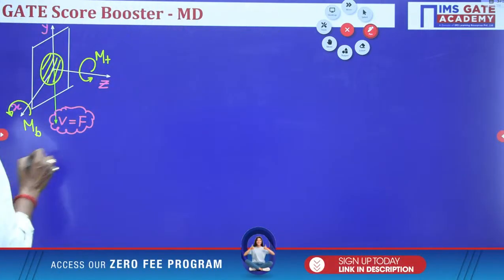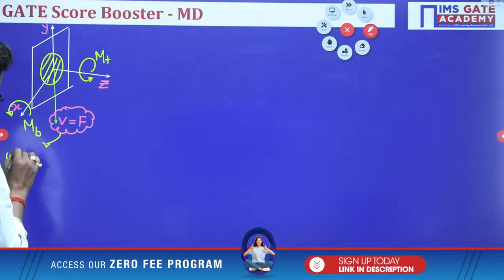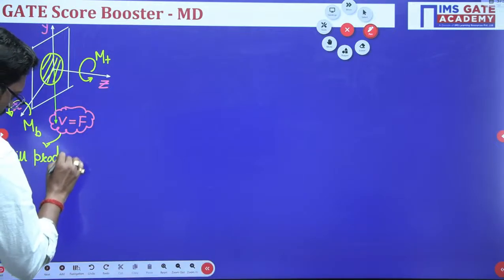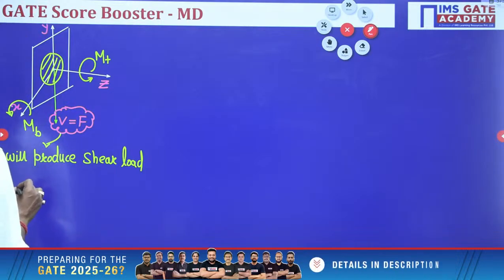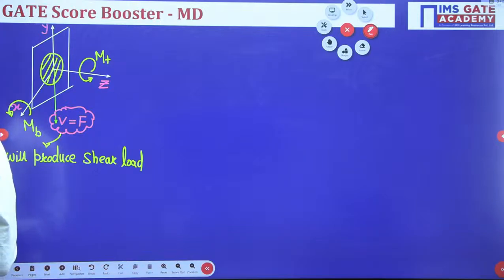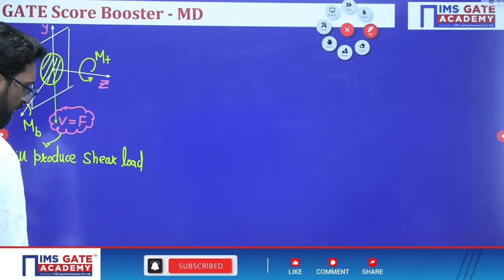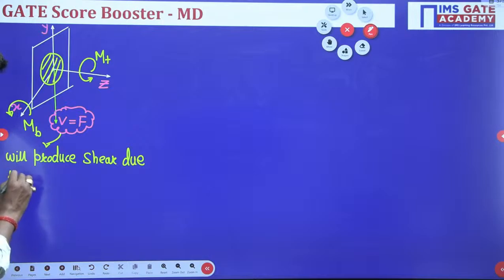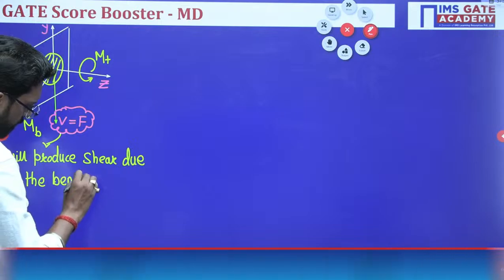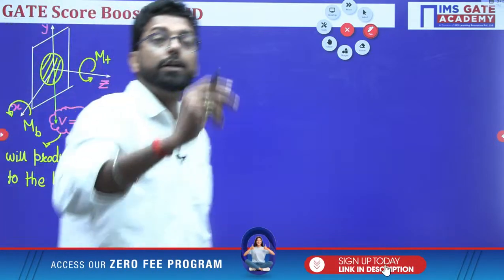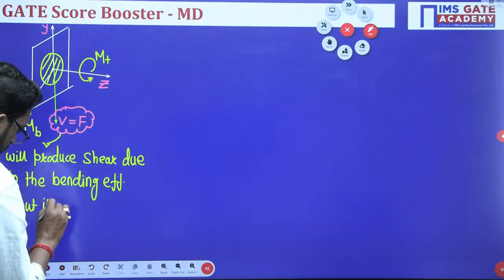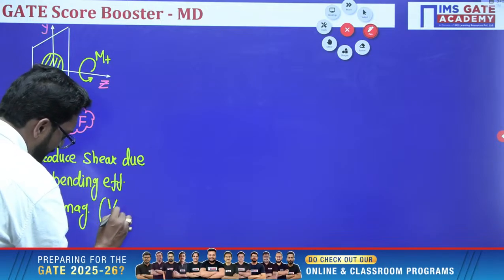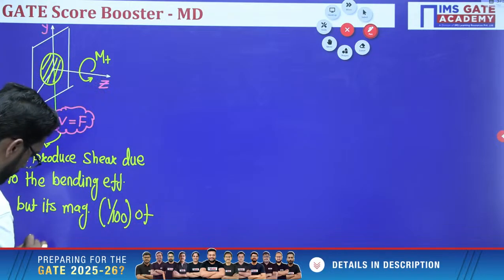That means we have to write here one thing. It will produce shear load due to the bending effect, and the shear load due to the bending effect is always negligible, but its magnitude is 1 by 100 of the maximum bending stress.